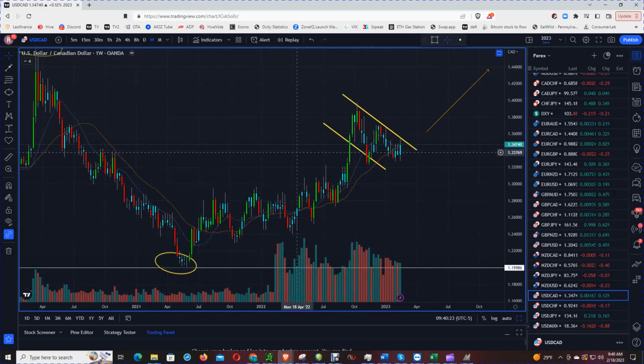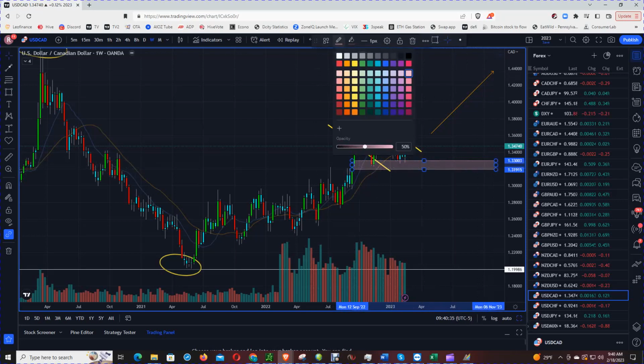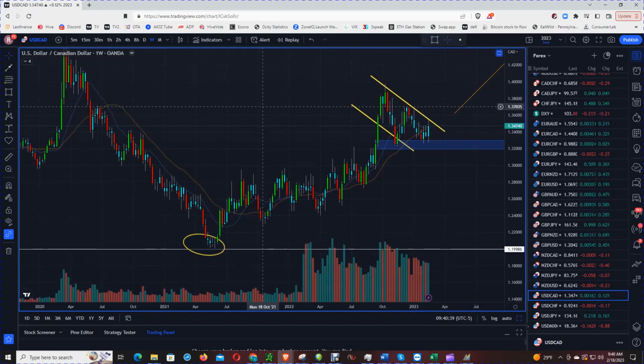Okay. This might have been an interesting level. We'll have to look at that on the daily chart. So since mid 2021, price has been range bound with a bias to the upside.